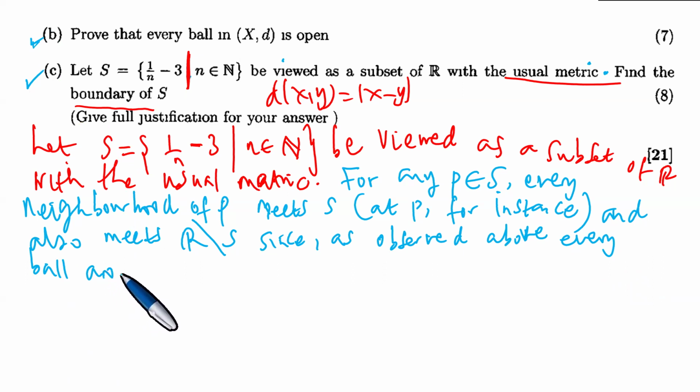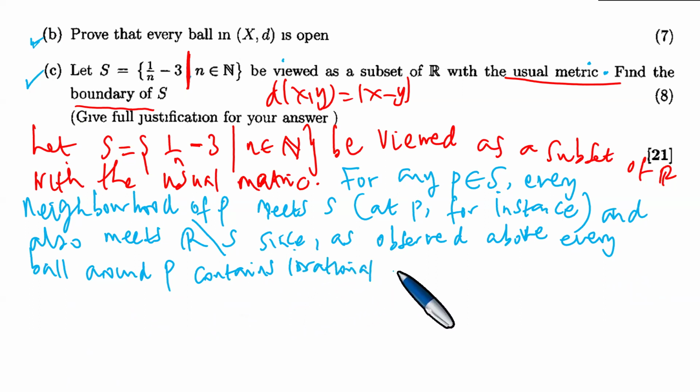So every ball around P contains irrational numbers.